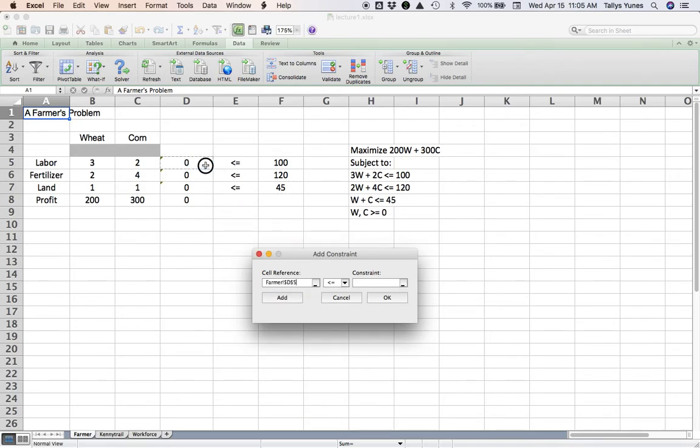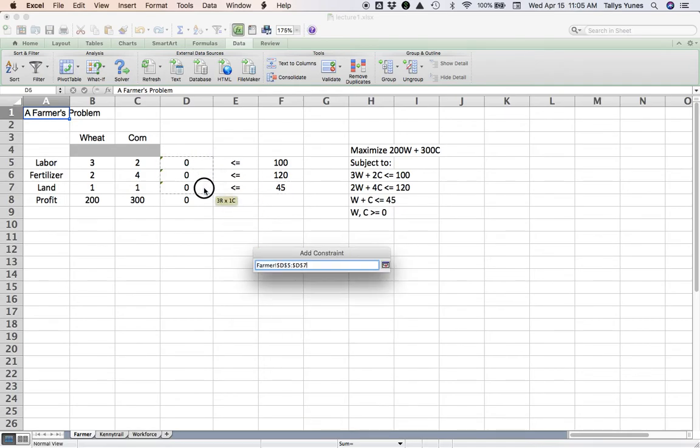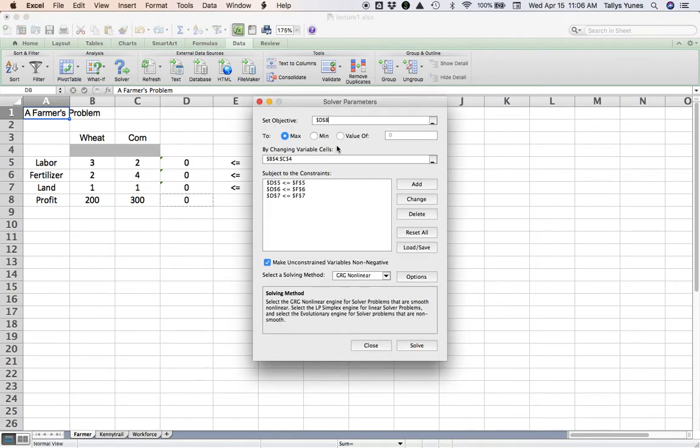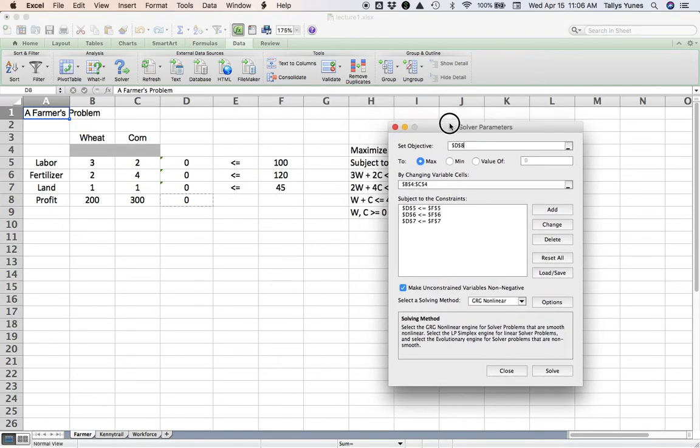I would like these three cells here, D5 through 7, to be less than or equal to these three cells here, F5 through 7. So this will have the same effect as adding them in one at a time, like we did. Because I don't need to do these things twice, I'm going to cancel here so we don't add that in. Great. What else is missing here?